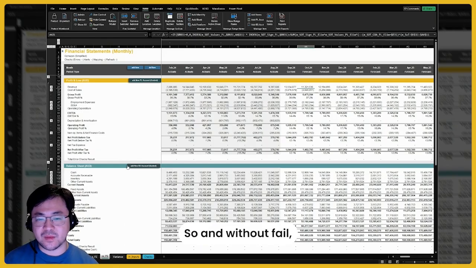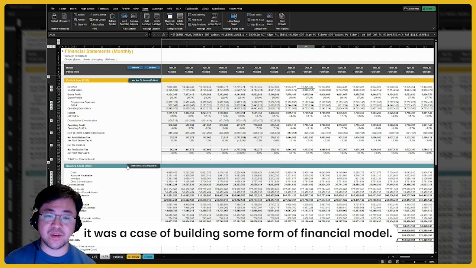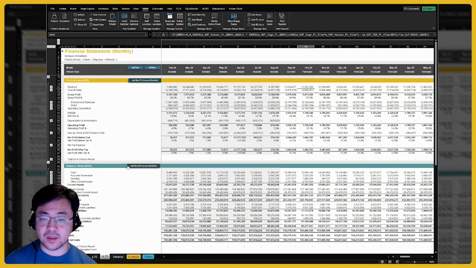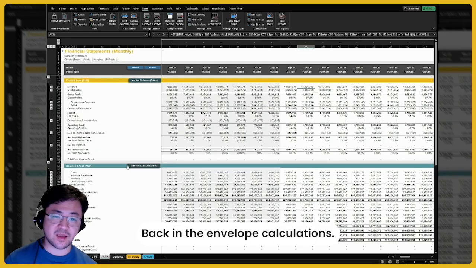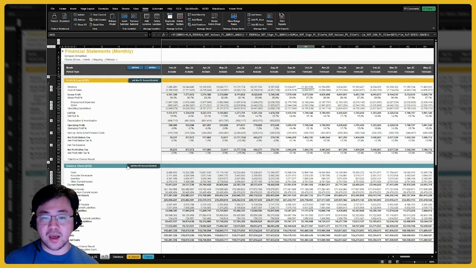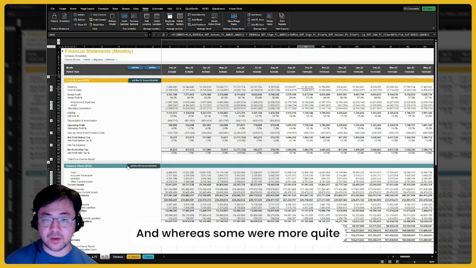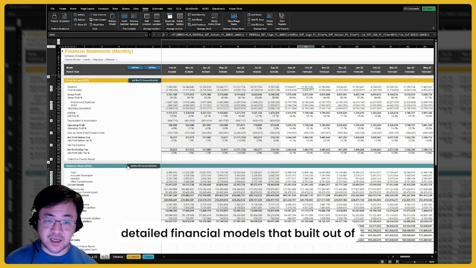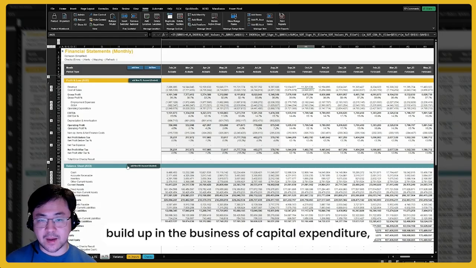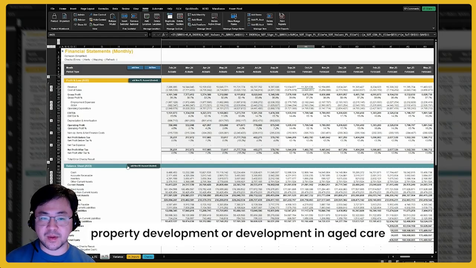Without fail, it was a case of building some form of financial model. Some were very simple back-of-the-envelope calculations, whereas some were quite detailed financial models that built out capital expenditure, property development or development in aged care.